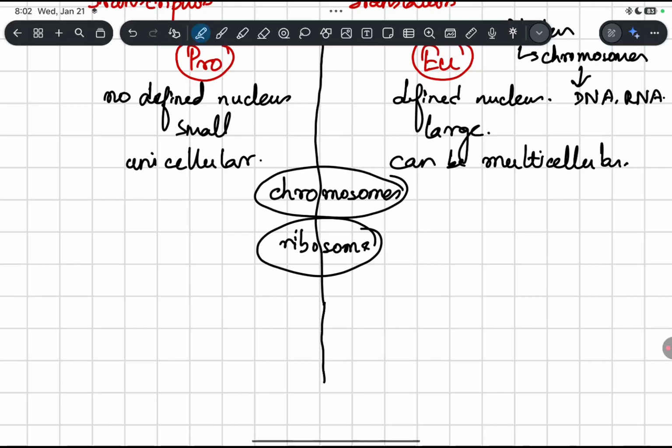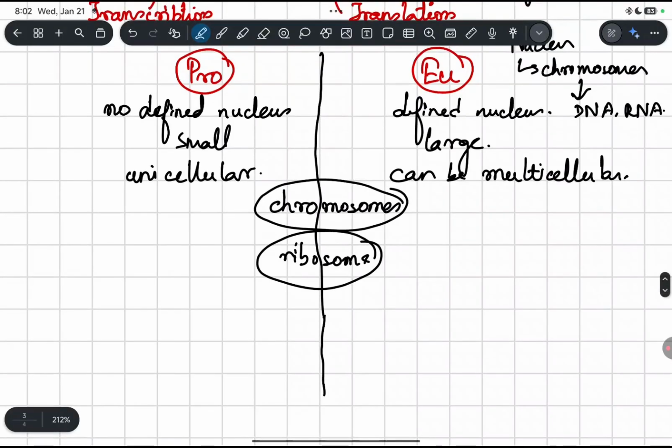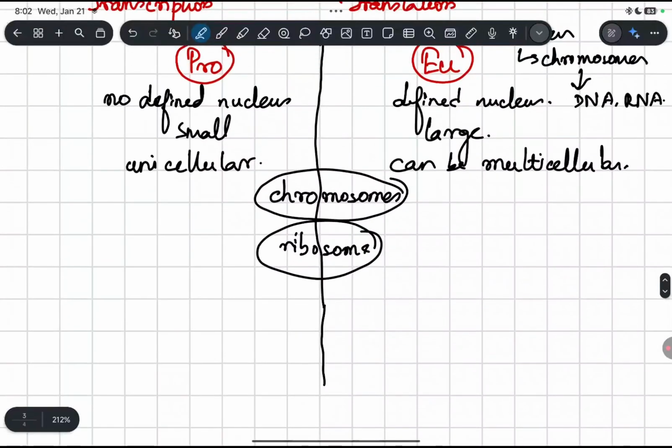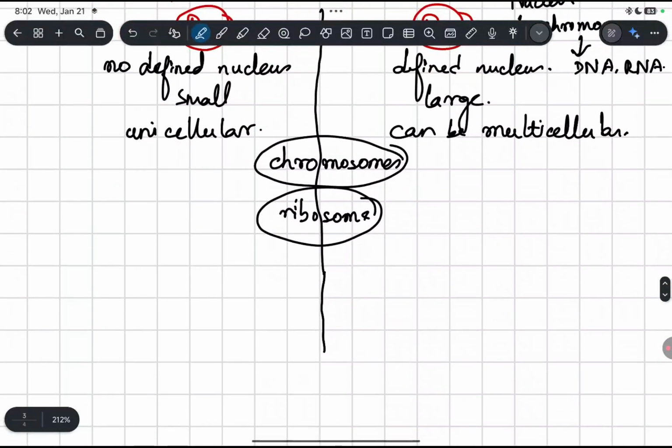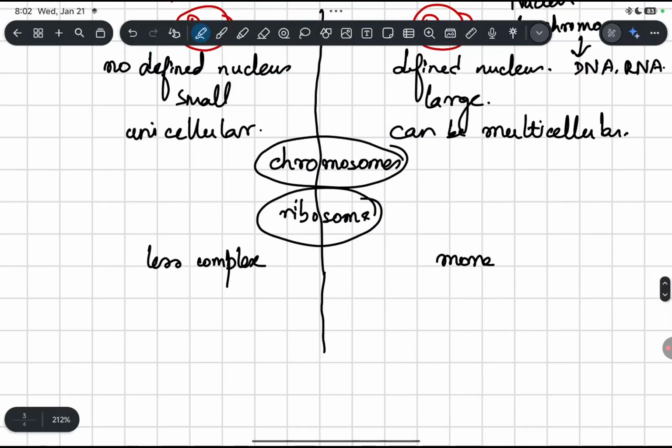So as I said earlier as well, ribosome is non-membrane bound, right? So of course it will be present in both prokaryotic and eukaryotic cells. Prokaryotic cells are generally less complex in structure, whereas eukaryotes have more complex structures.